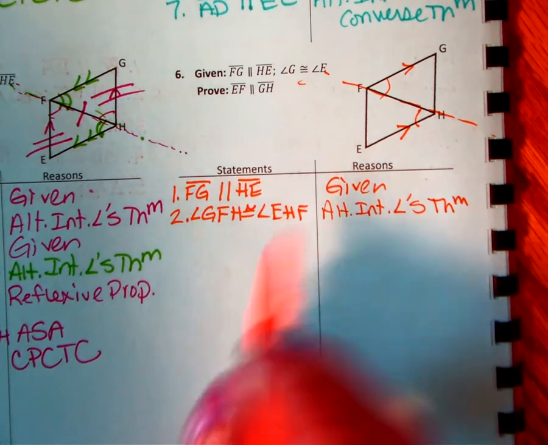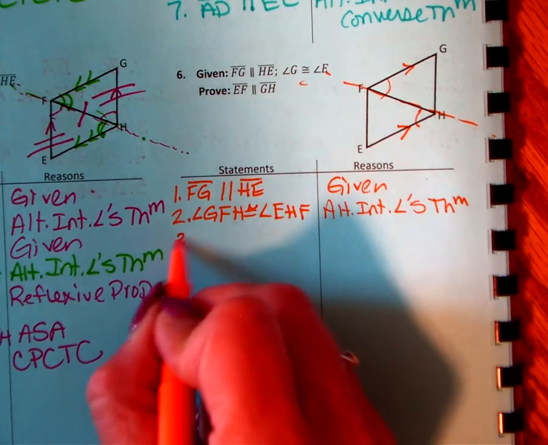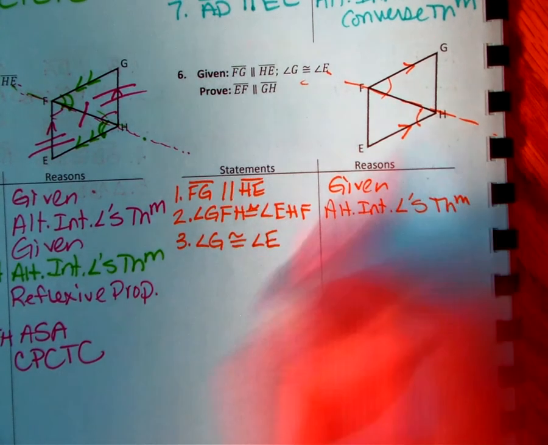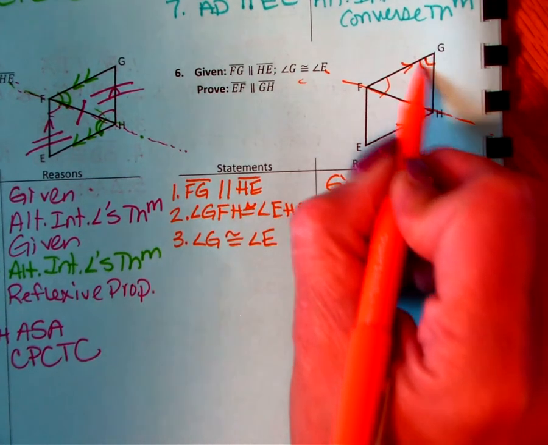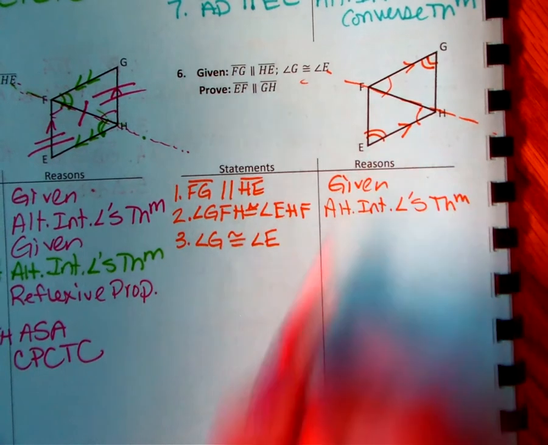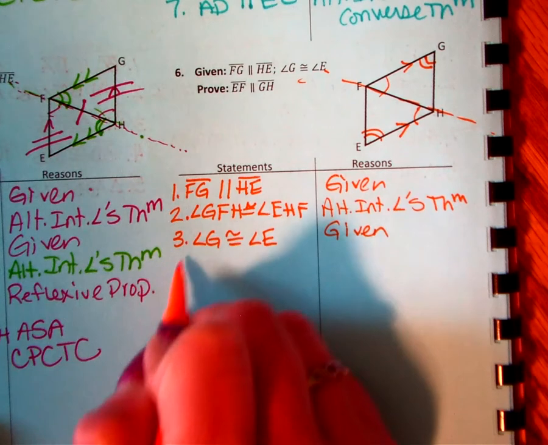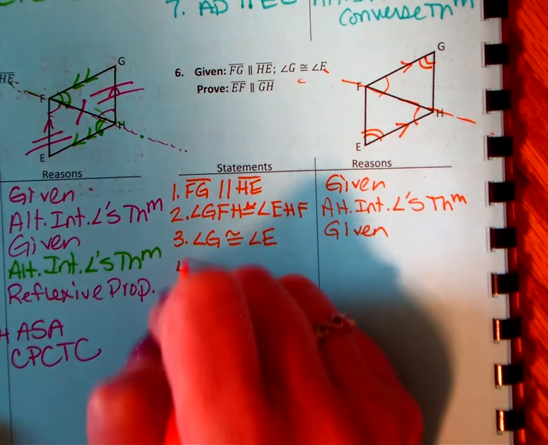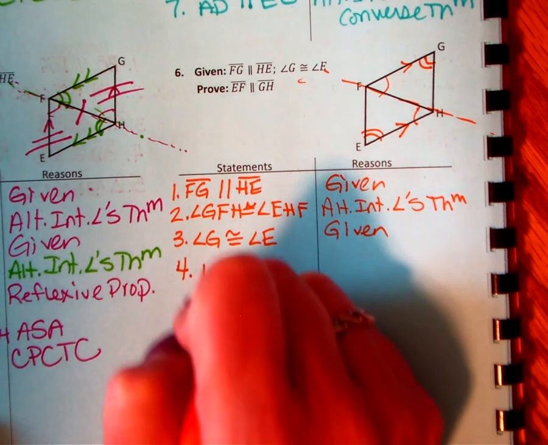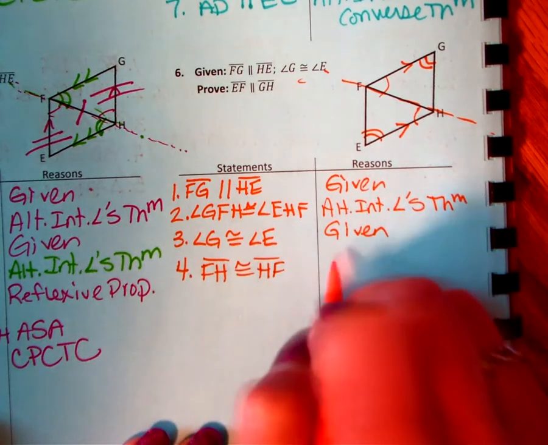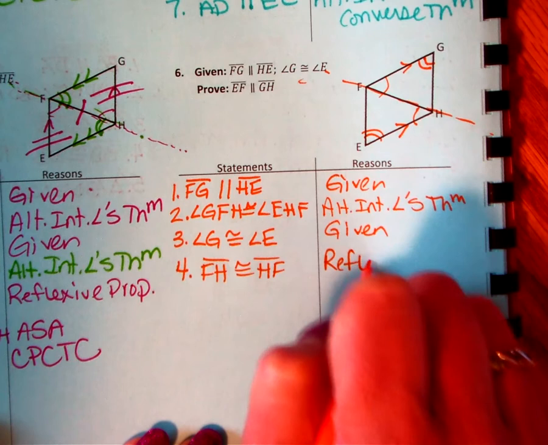Next, I'm given angle G is congruent to angle E. We'll put 2 marks there. I also know that FH is congruent to HF by the reflexive property.